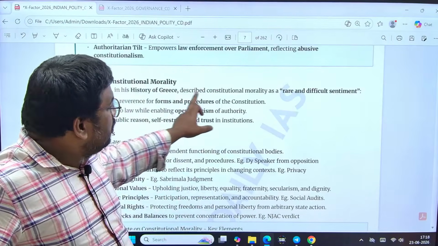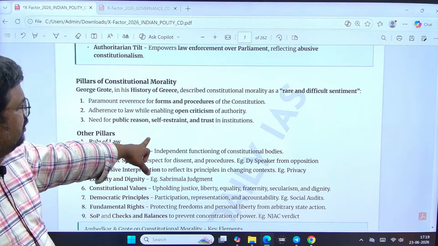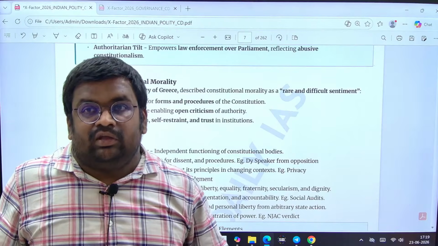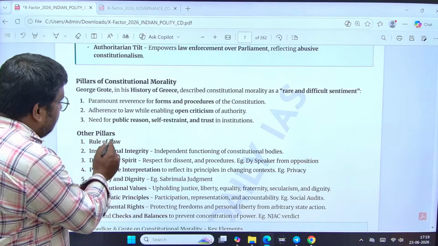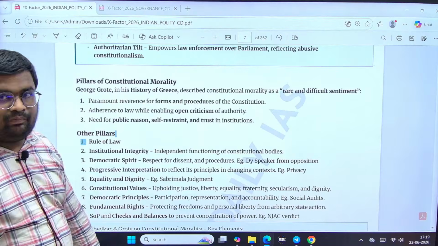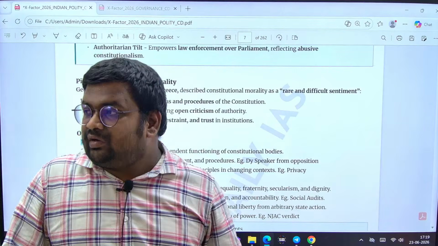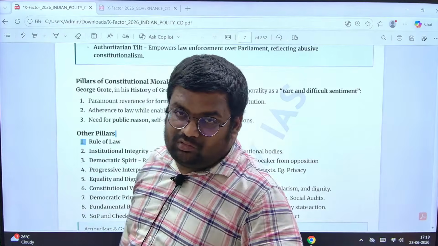George Grote in his book has described it as a rare and difficult sentiment involving these 3. So if they simply ask you the components of the constitutional morality, these 3 will give, and for other pillars you can simply use the diagram. Okay, again your answer will be different, unique and more enriched than others.